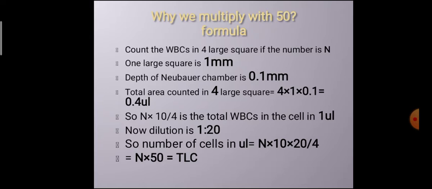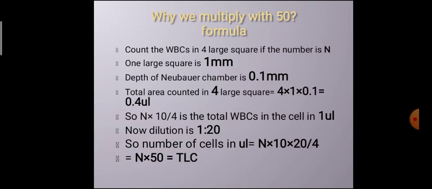After doing this, we get 0.4 microliter. So the number of cells in 1 microliter is equal to n multiplied by 10 divided by 4. We multiply by 10 and divide by 4, so we get WBCs in 1 microliter.